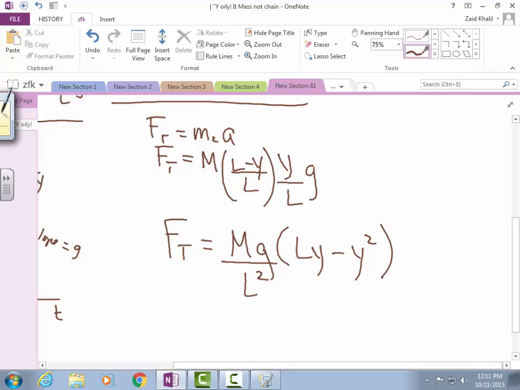Naturally, I'm going to ask you: where's the maximum tension? Maximize the tension, guys. In other words, at what value of y is tension maximized? And don't blow it off, because you're going to have to do this on the next lab.